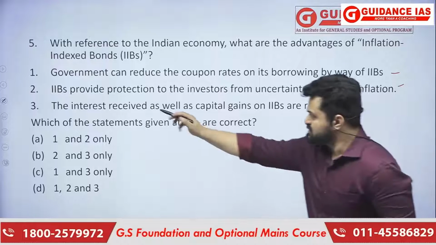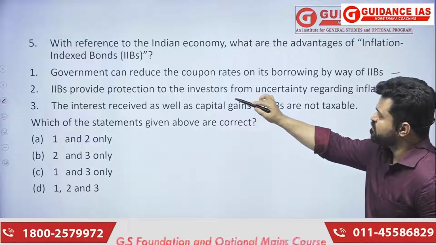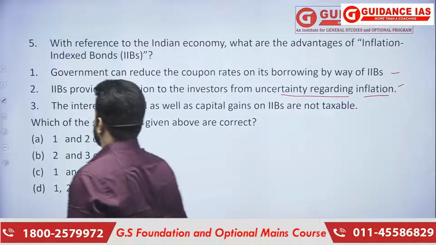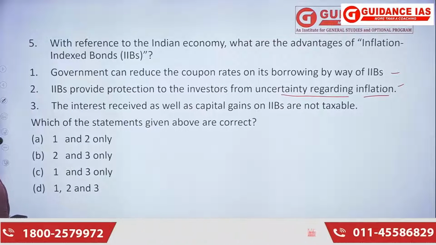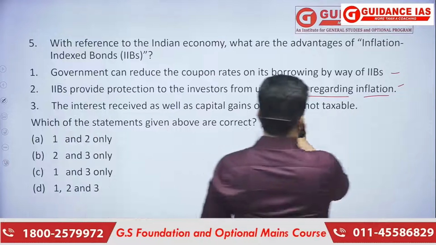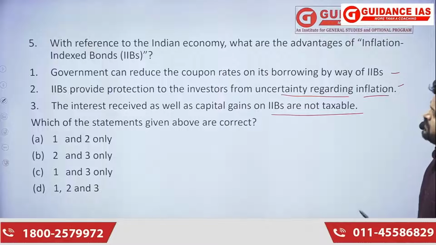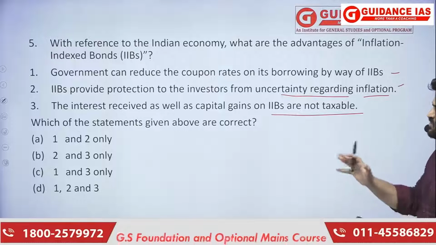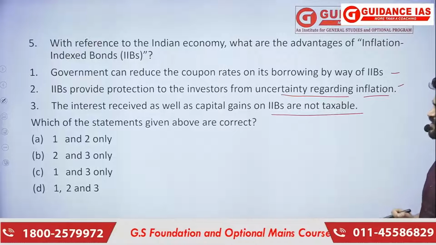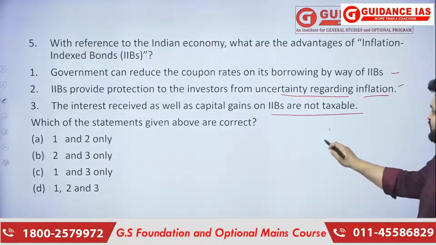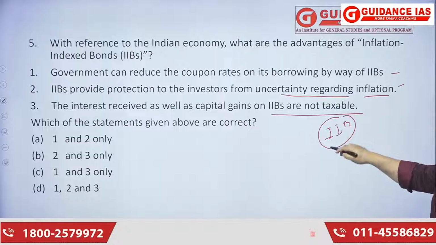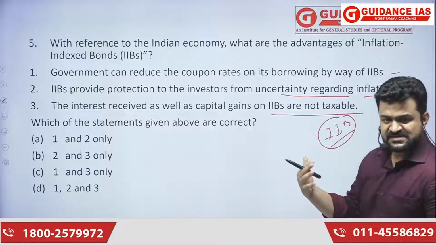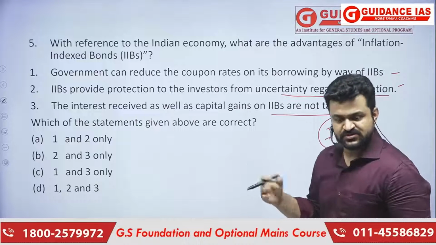The second statement is also very simple, that IIBs provide protection to the investors from uncertainty regarding inflation. Okay. The third statement is the interest received as well as capital gains on IIBs are not taxable. Now, this has been made plain by RBI through various circulars, and this has been an established fact through various newspaper articles in contemporary times, that when it comes to inflation index bonds, they were primarily introduced to attract investors towards financial assets in situation of inflation.